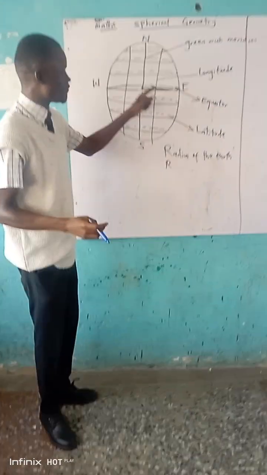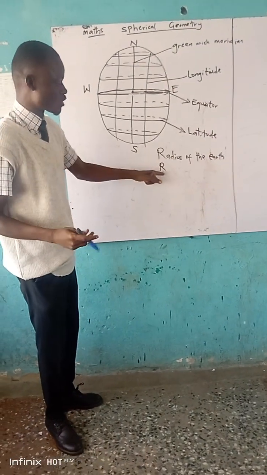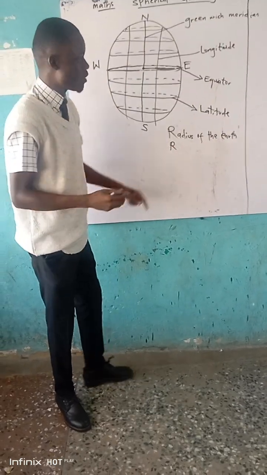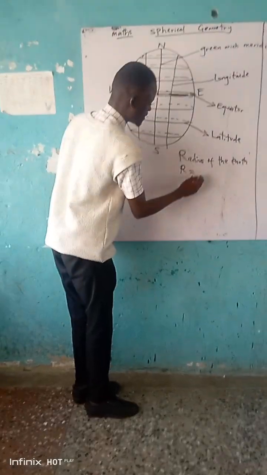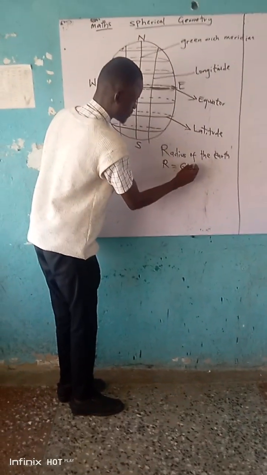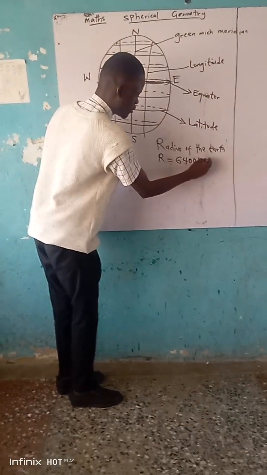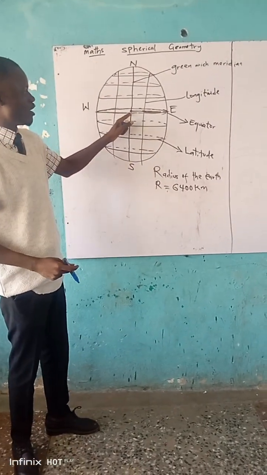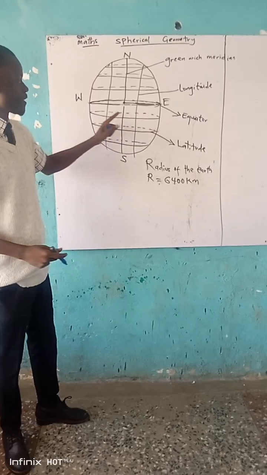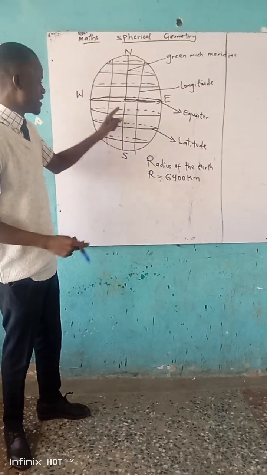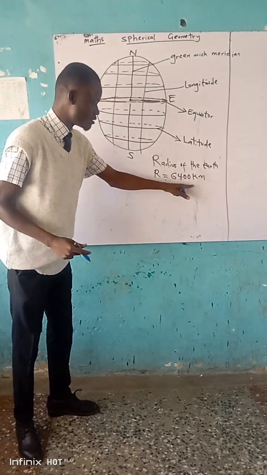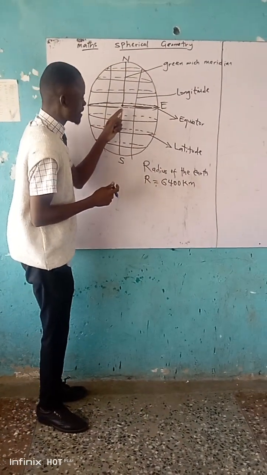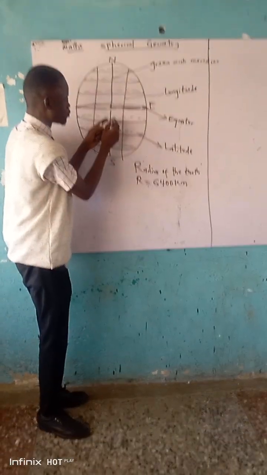So the value of the radius at the equator represents the radius of the earth, and that constant is equal to 6,400 kilometers. So anywhere at all, the value of the radius from the equator to any of the longitudes is 6,400 kilometers.